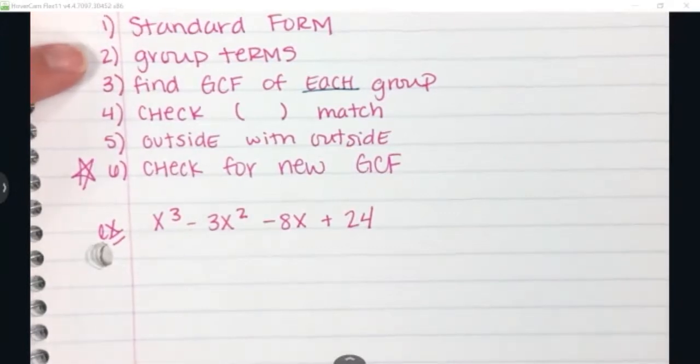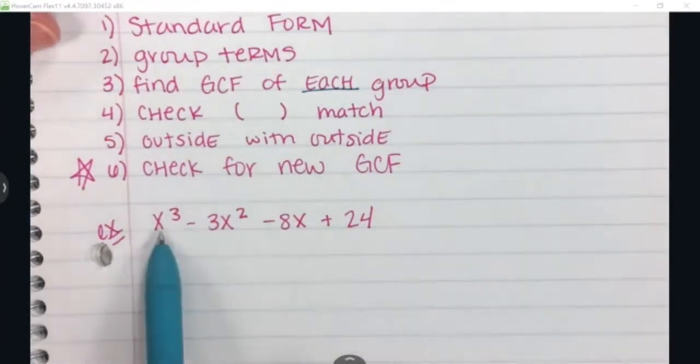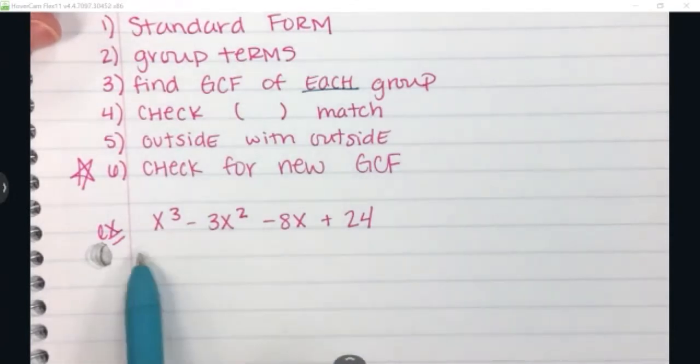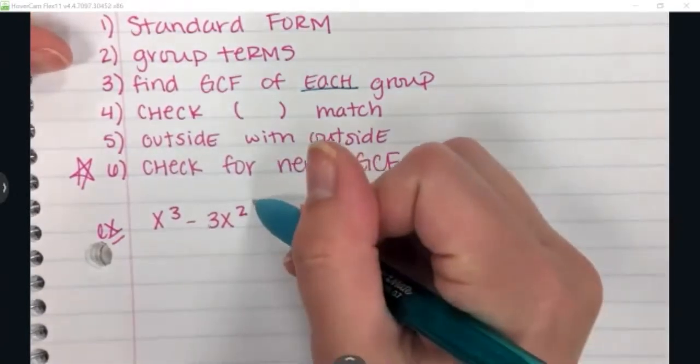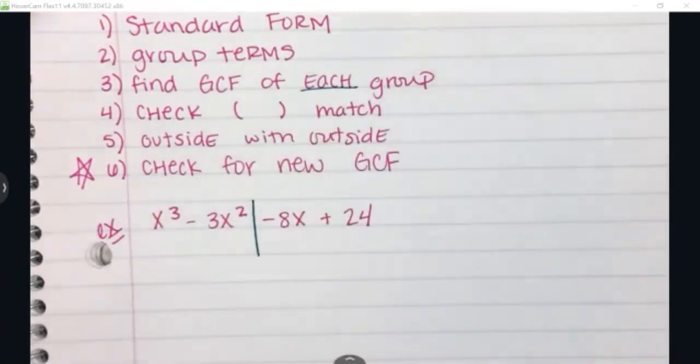Step number 2 says I have to group them. If I have 4 terms and I need them in groups, I'm just having groups of 2. So we're going to separate these into 2 groups. You only need to draw a line that goes 1 or 2 below. It doesn't have to be a very long line, okay? But now we've taken our 1 problem and we've split it into 2.